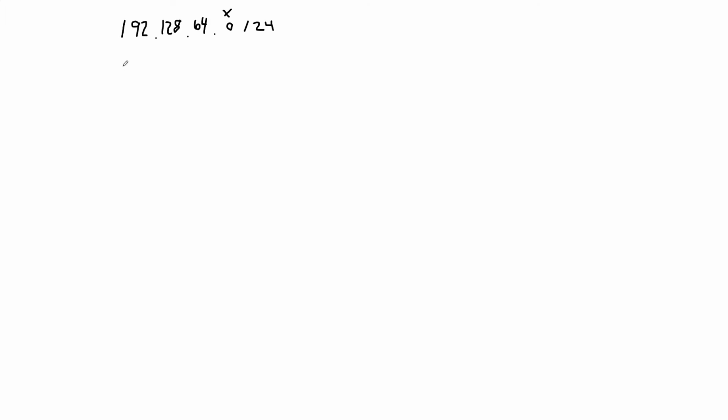The address is going to be in binary. 128 plus 64 is 192. We'll draw 6 more zeros. So we're going to have to convert this to binary to do our subnetting. All right. 128 is just a 1, then 4 more zeros.